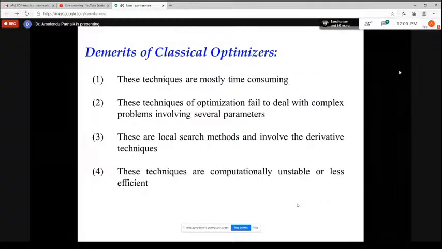If you apply the classical optimization technique, you need to find derivatives, but there are situations where you can't find a derivative at a particular point. These techniques are computationally unstable or less efficient, right?